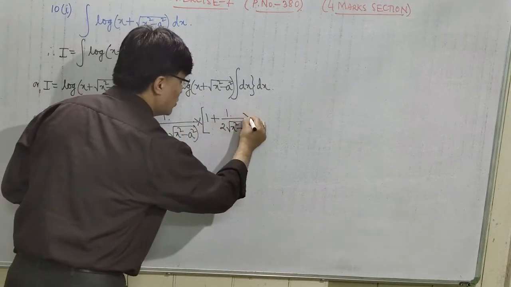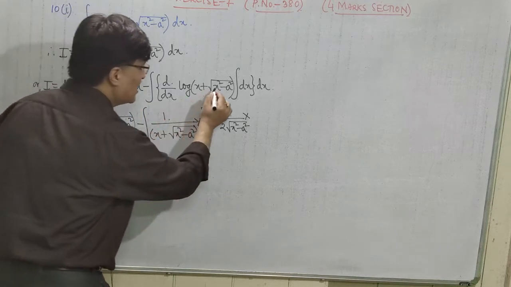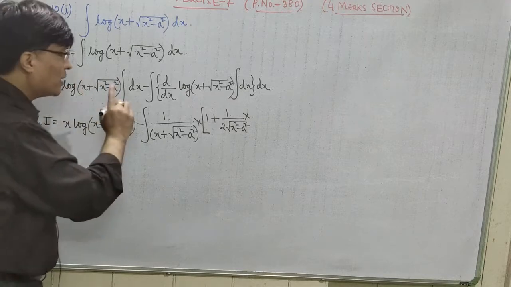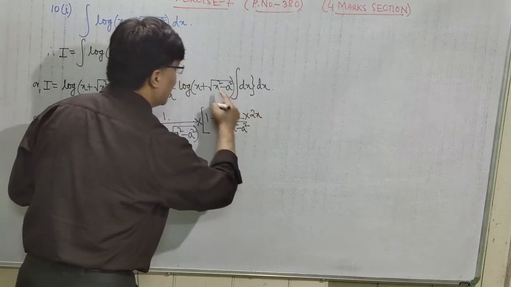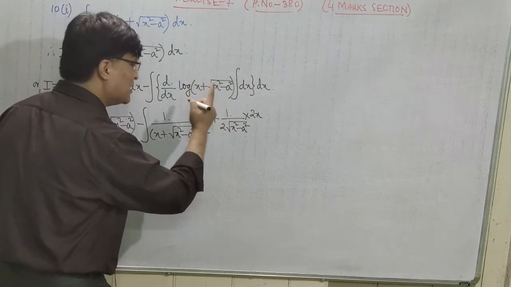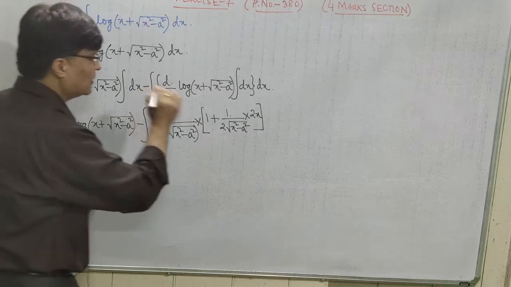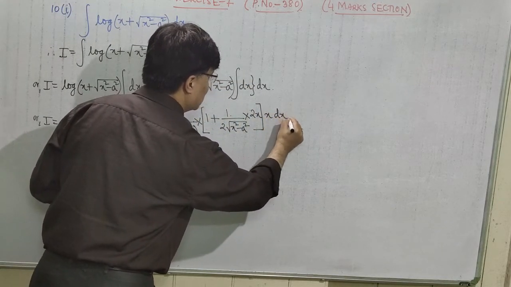Clear? Into, again you have to differentiate the term which is assumed as x. That is x square minus a square is assumed as x. So what is this differentiation? For x square it is 2x and for minus a square there is a constant, that is 0. Okay. So here third bracket is closed. Then what do you write? What is integral sign dx? That is your x dx.